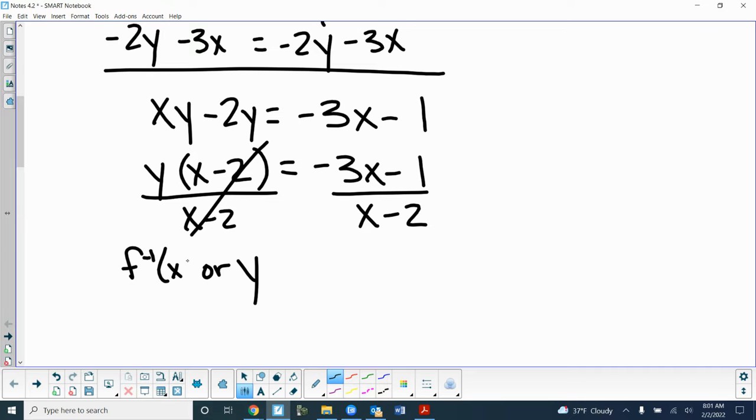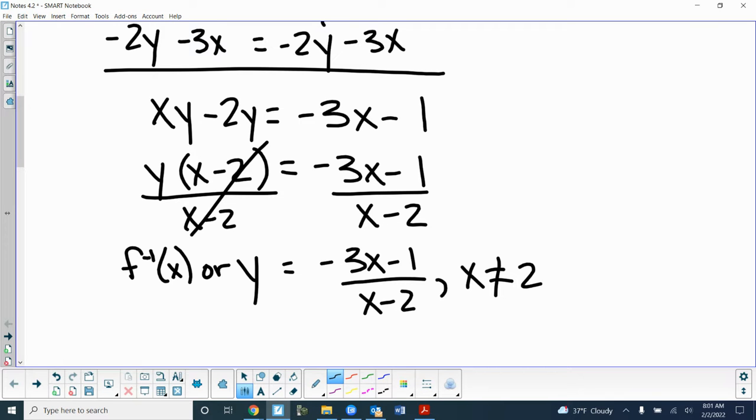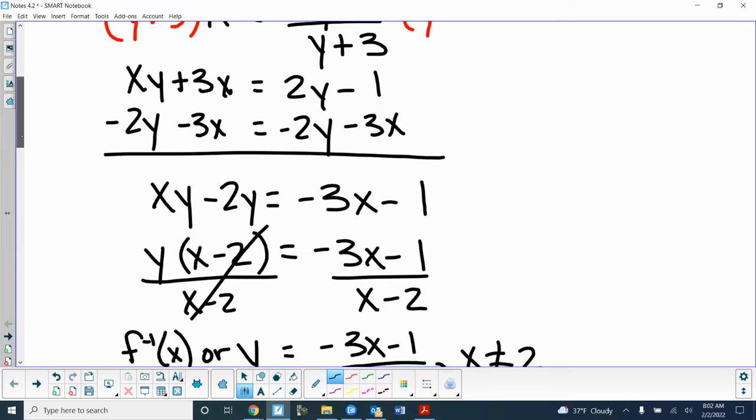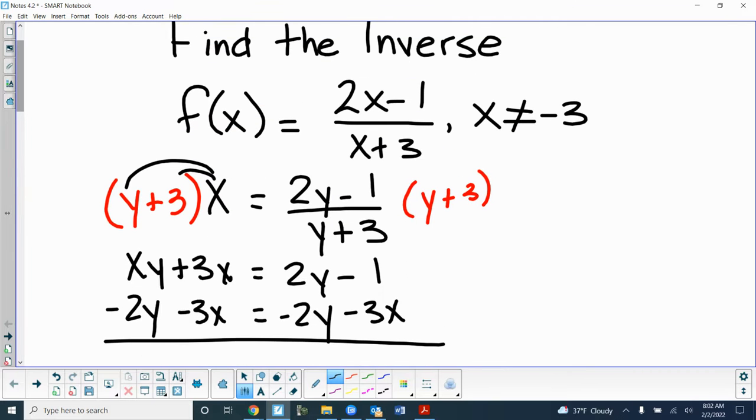We're finding inverses of functions. And then negative 3x minus 1 over x minus 2. What's my restriction? What is x not allowed to equal? 2. The original problem, x was not allowed to equal negative 3, right?